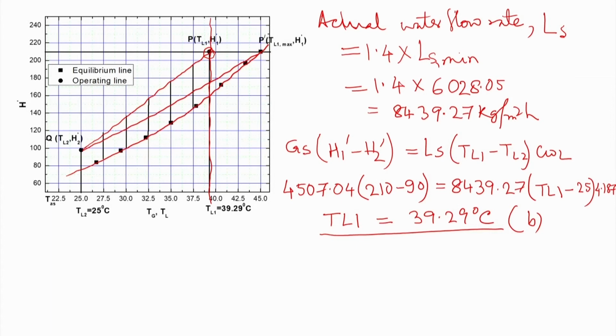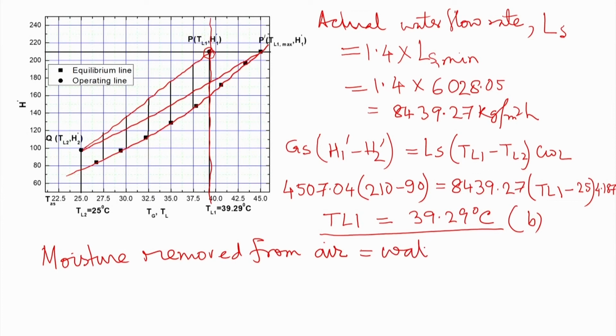Now, the third question that is asked is the moisture removed from the air, that is, how much water is condensed during this process per hour.